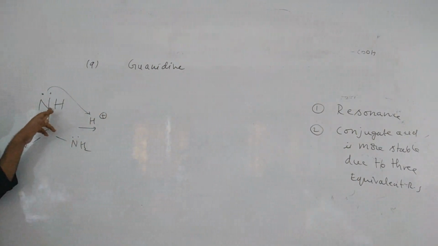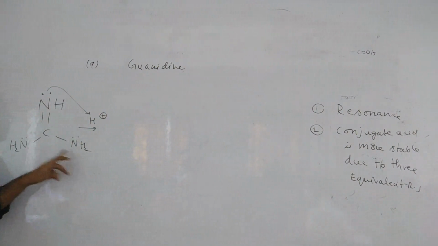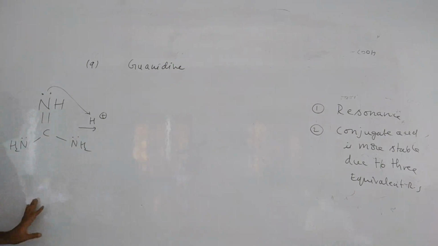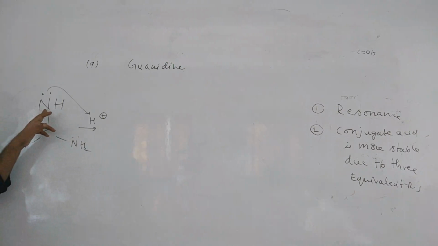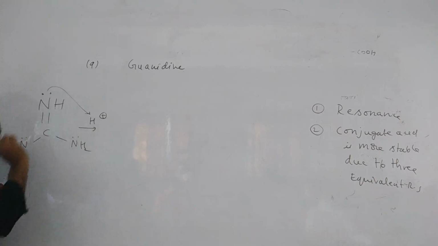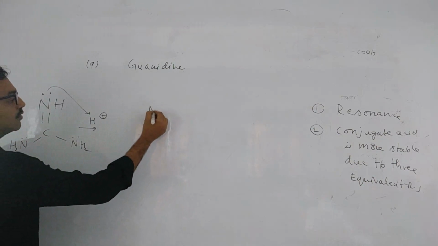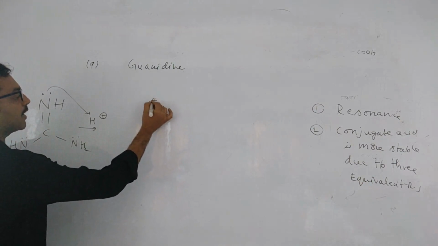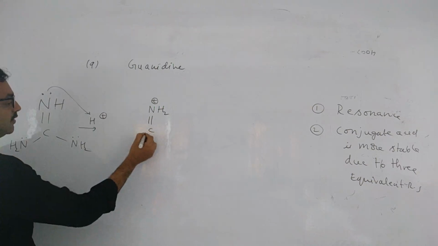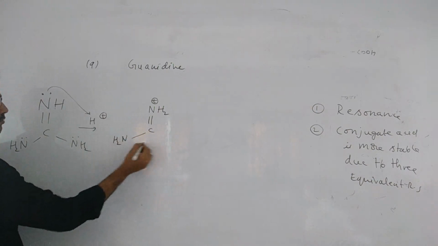Among these, which is more protic? This one is more protic or this one is more protic? Protic in the sense which will take proton easily. The nitrogen in double bond or nitrogen in single bond? Double bond nitrogen only will take, no? Because it is more electronegative. So it will take like this, NH2 plus double bond C, NH2, NH2.